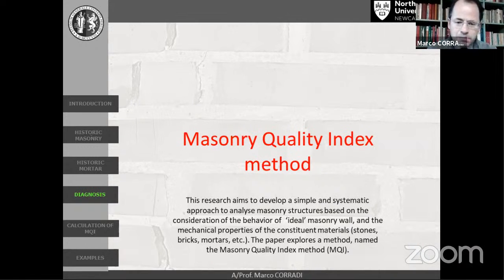This method has some limitations, of course, but it's also very important to say that we really use all the structural considerations and methods to gain as much information as possible from the type of masonry.